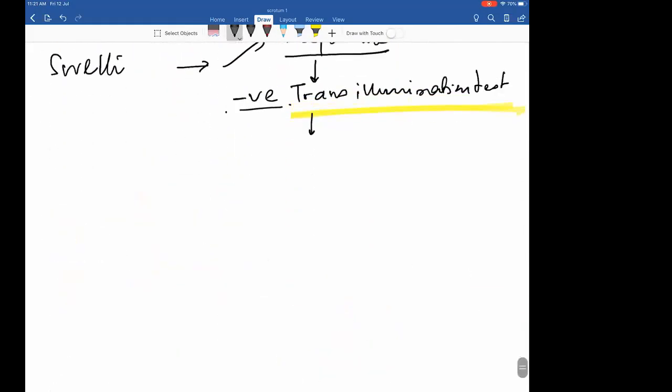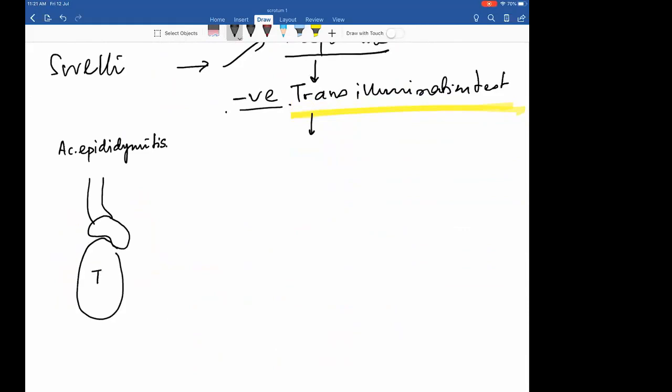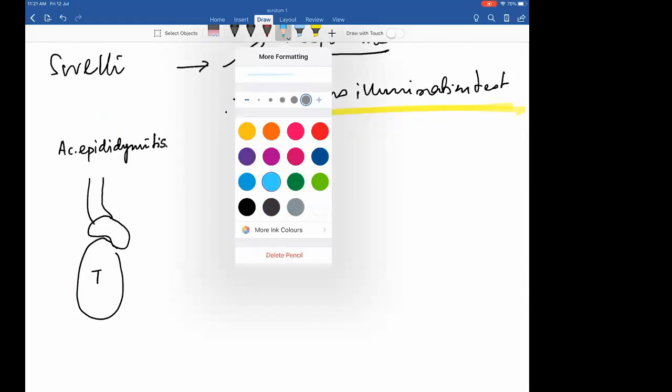One of them is called acute epididymitis. What does it mean? It technically means that if this is the spermatic cord and this is the testes, what is important is that the epididymis gets inflamed only.